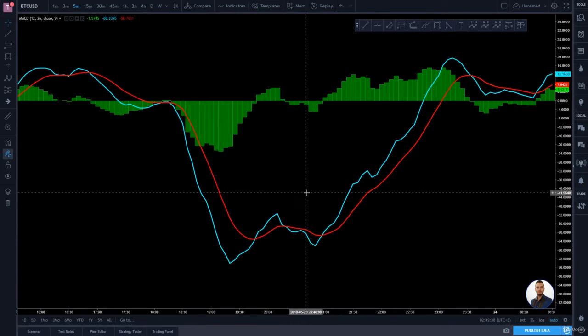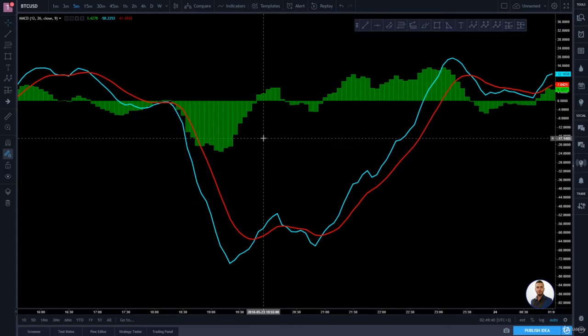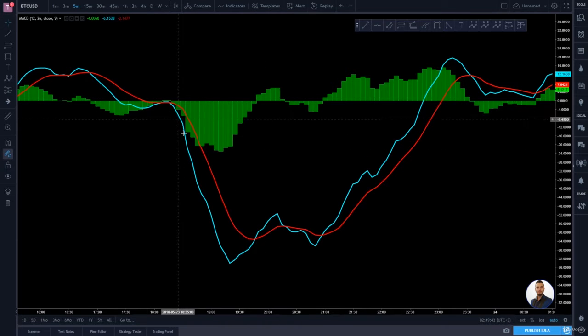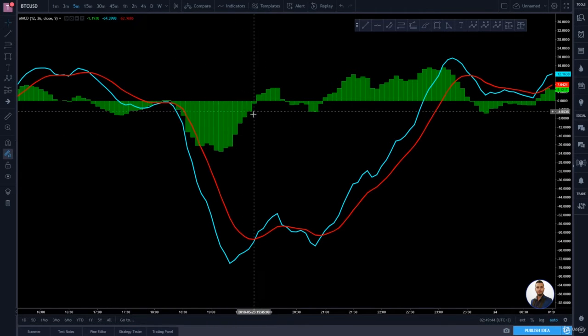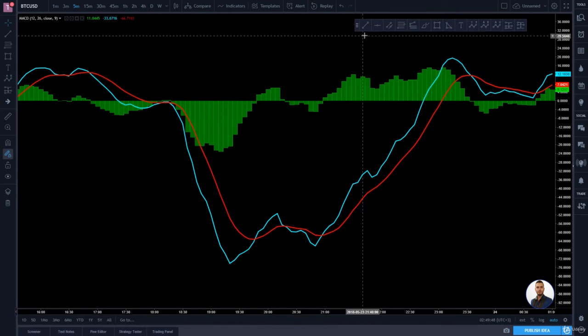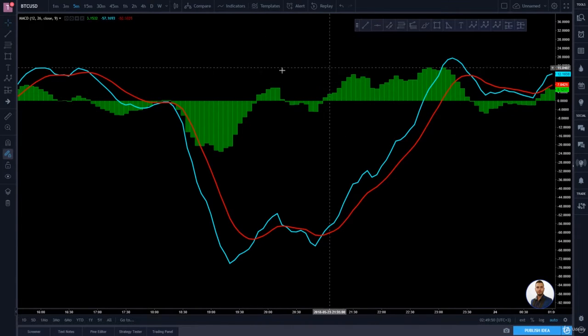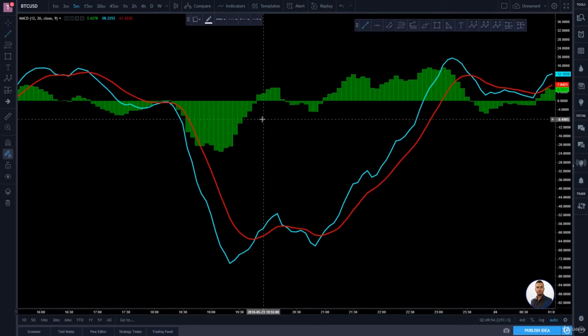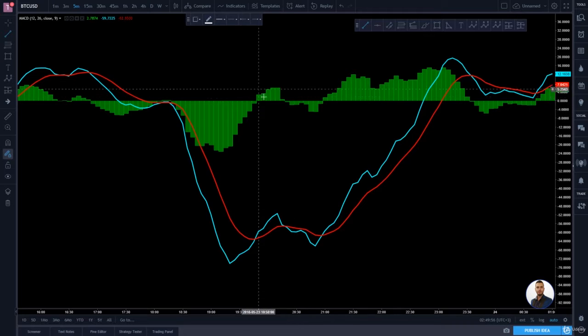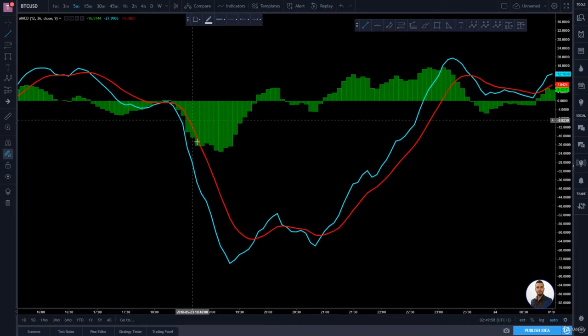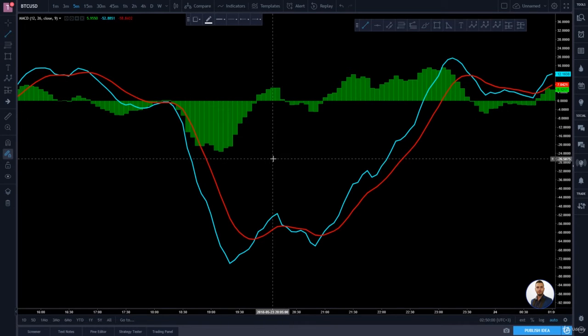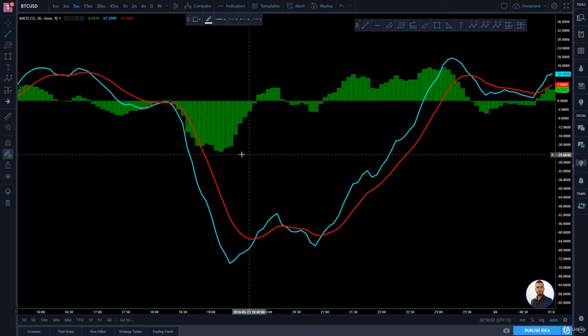But you can also spot the crossover early if you look at the histogram and look for divergences on its bars. The second part of this indicator is the histogram. These bars show you when we are on the positive side and on the negative side, and they also allow us to see when the market gains or loses strength.